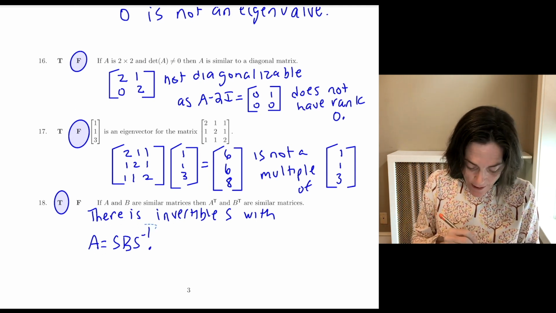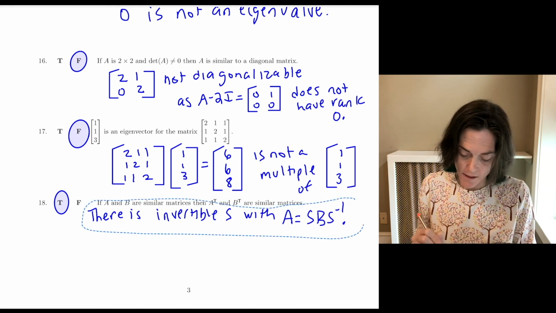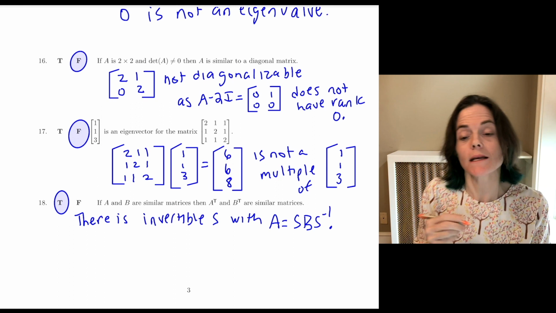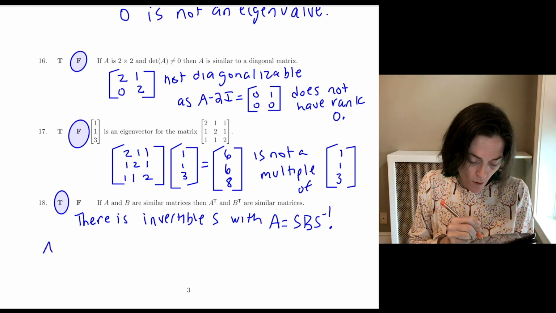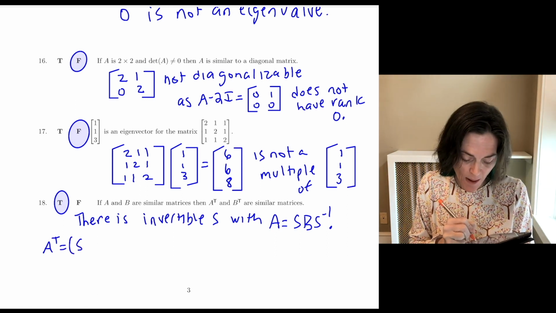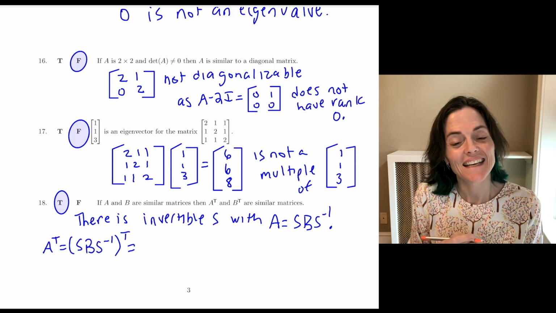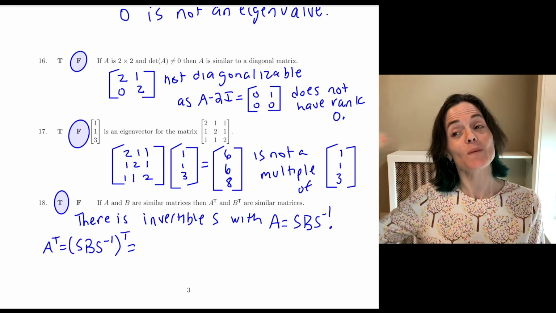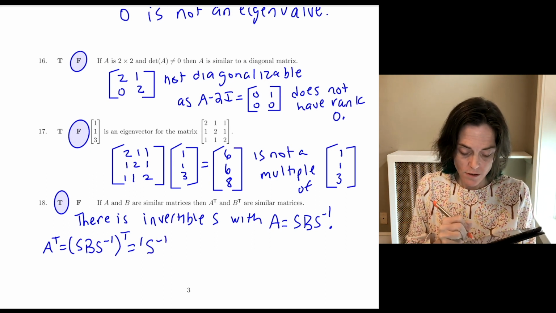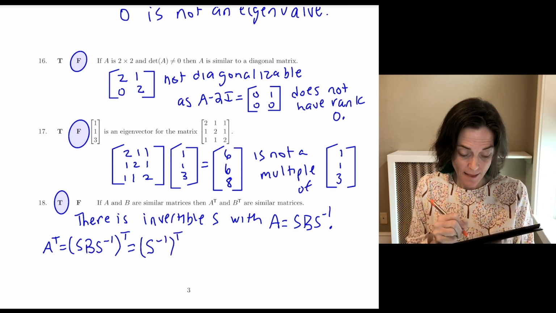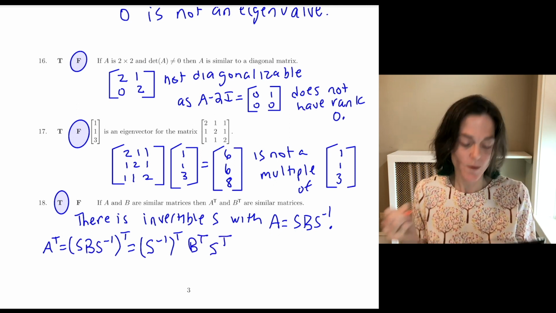All right, how can we see that A transpose and B transpose are similar? Well, we can just take the transpose of this equation. So then A transpose will be the transpose of S B S inverse. Well, when you take the transpose of a product, it goes the other way. So this will be S inverse transpose, then B transpose, then S transpose.